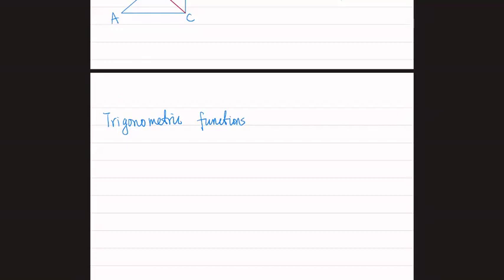Sometimes I will use trig for short, and you will see this very often. Trig functions, they're short for trigonometric functions.